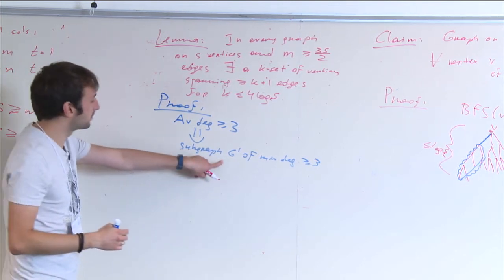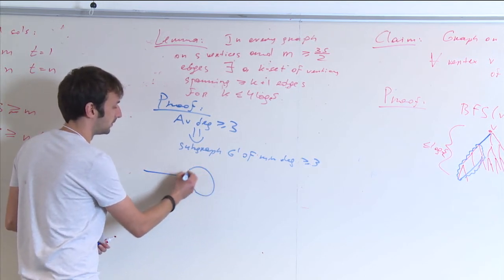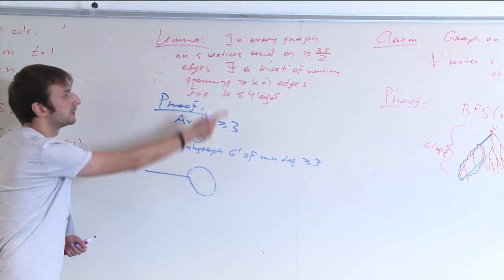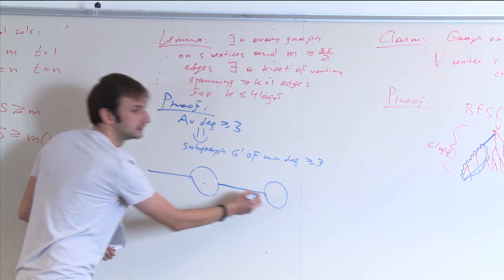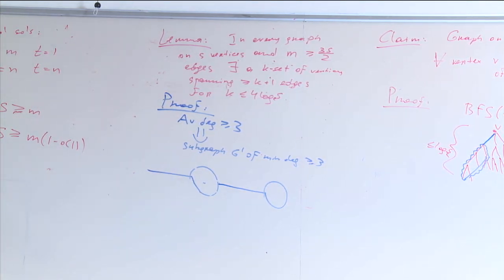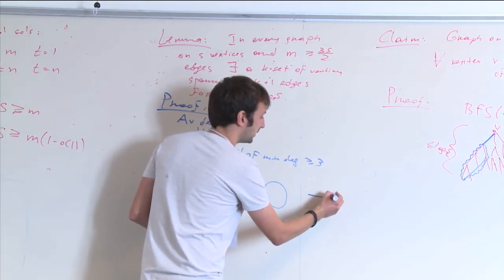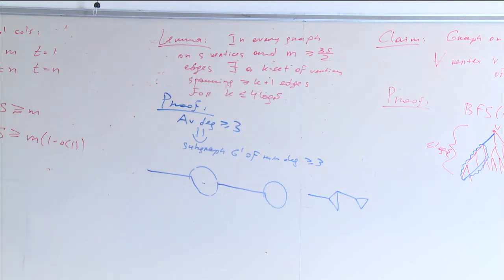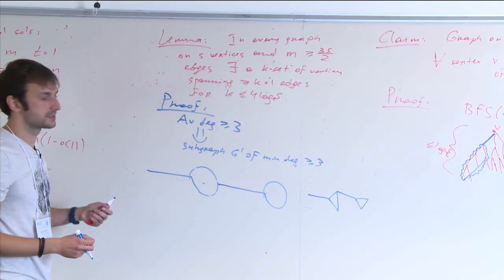So I have a cubic subgraph. Now I can apply this claim. I find some tadpole. I contract the cycle into one vertex and apply the claim again from this vertex. I'll find another tadpole from here. And that's it, because if you look at this path and cycle, the number of edges in such a graph is greater than the number of vertices. Each tadpole is of size 2 log s, so I found a graph of size 4 log s.